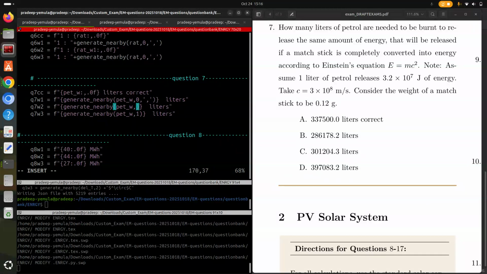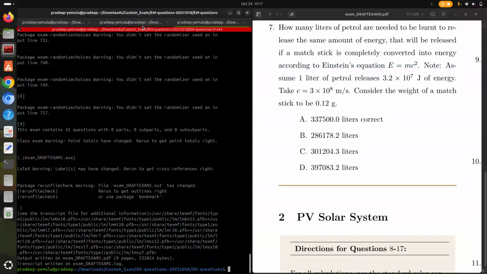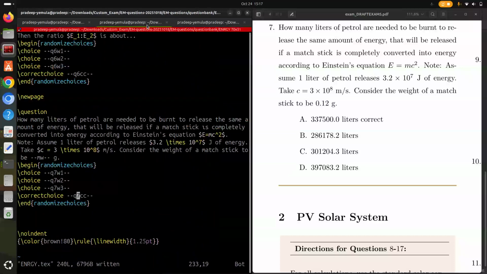You may not understand exactly what I'm doing, but this is just formatting only. Now the correct choice comes to C. So you just need to verify this.